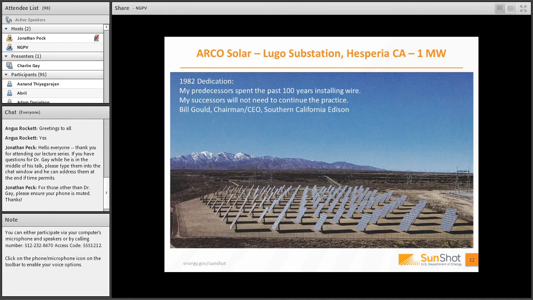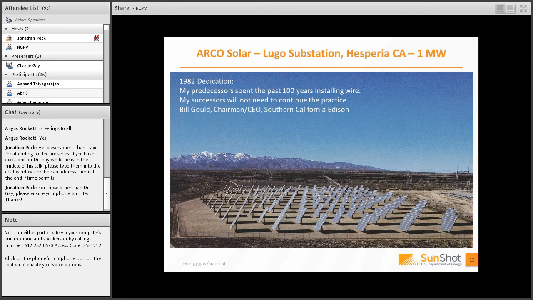This early system then was where we began to get experience with the performance both of two-axis trackers, because at Arco Solar we also had concentrating solar systems using heliostats, tracking mirrors for producing steam, helping with oil extraction.